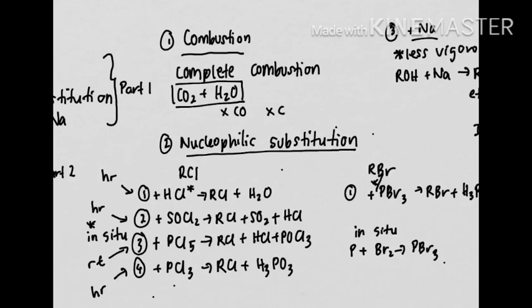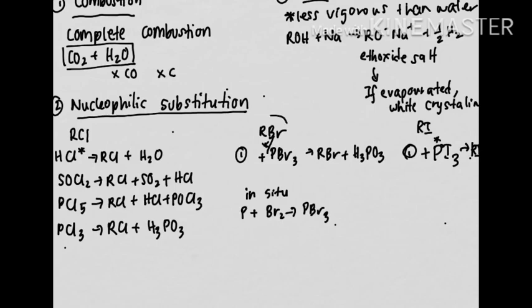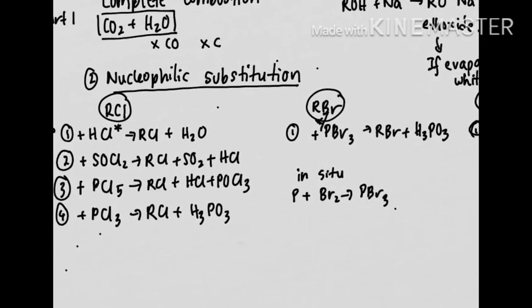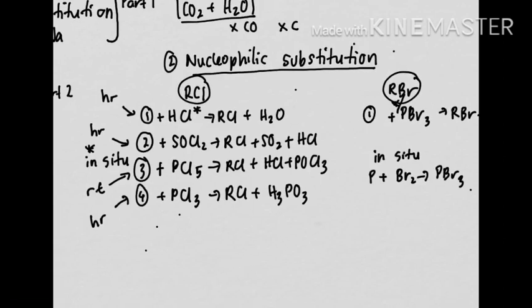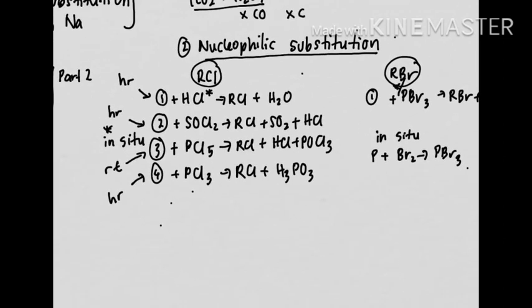One is when the R group is substituted with Cl. The second one is where the R group is substituted with Br. And the third one is where the R group is substituted by I. So if you want the R group substituted by Cl, you can actually have 4 reactions involving this.